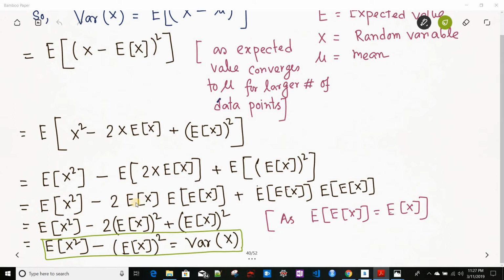That's why this particular term becomes 2 into expected value of X into expected value of X. That is what we have written over here. Now the same concept applies over here as well, so it is again expected value of X whole square. Ultimately we end up with expected value of X square minus expected value of X whole square, because 2 minus 1. So the variance formula can be determined like this. This will be helpful in a later part of this video.